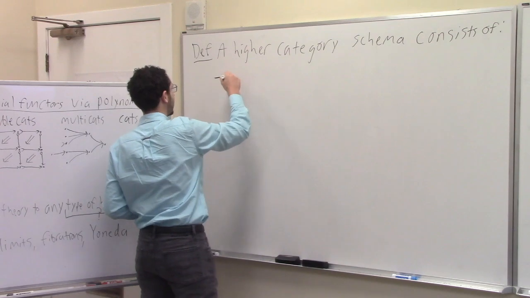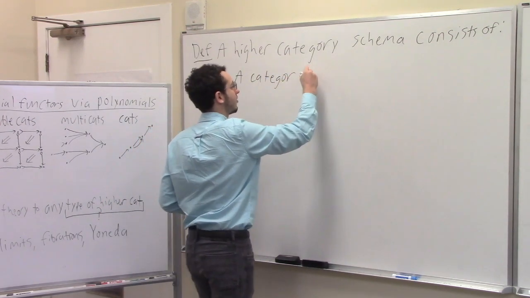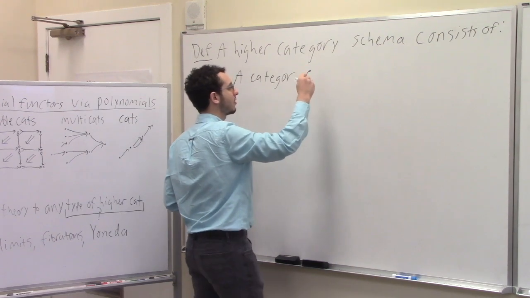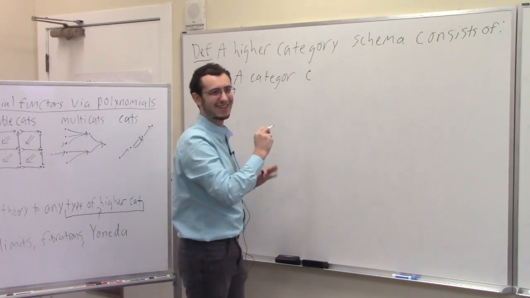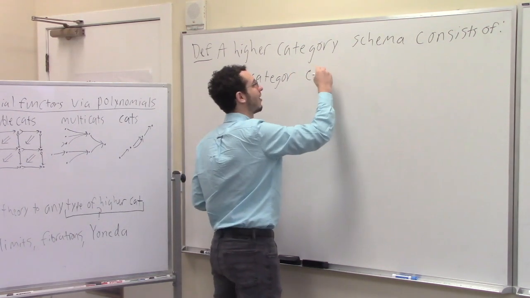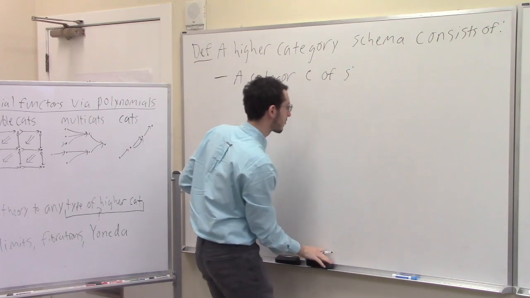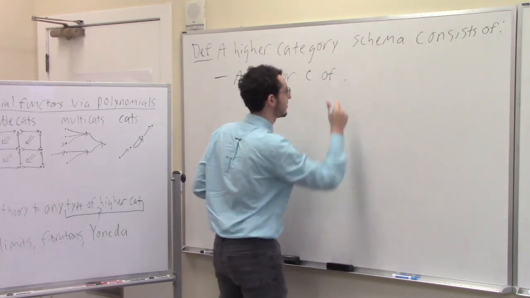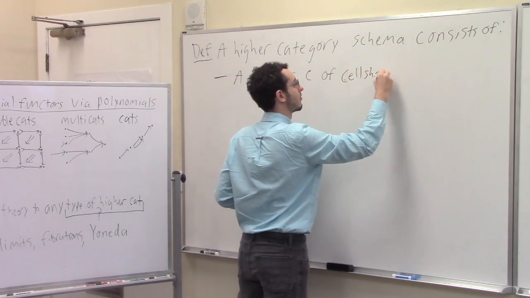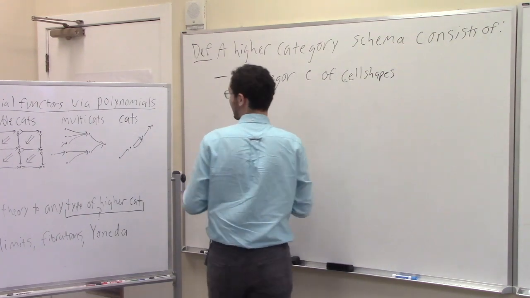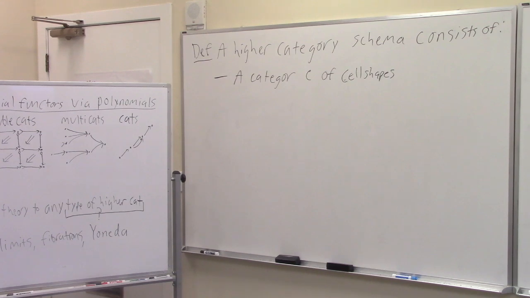So the first thing we need is a category which I'm going to call C. And sometimes my curly C's look like E's, so I'll try to distinguish that. And we're going to think of C as a category of cell shapes. And so I'm going to tell you what C is for some of these.